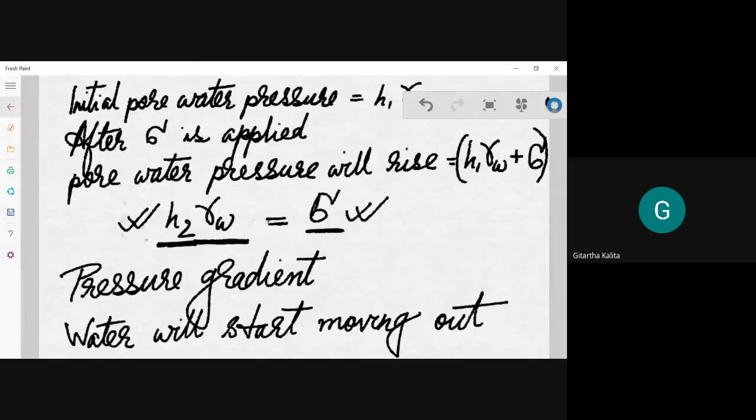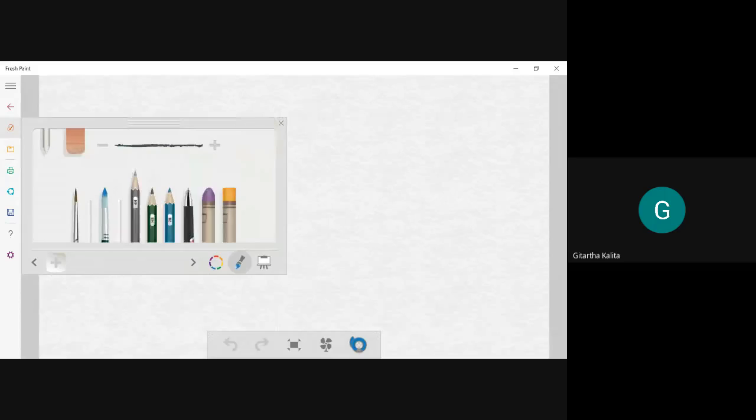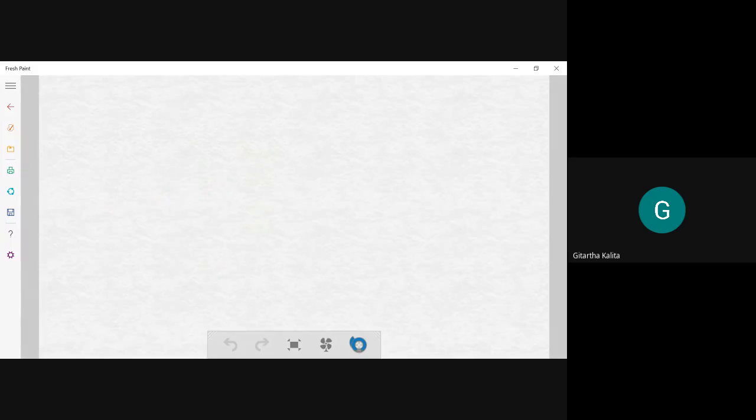So now water will start moving out. And now the important point. There is a difference of pressure.